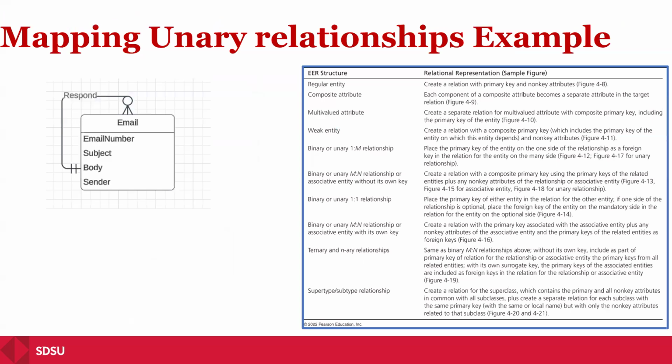All right, so let's try an example here of mapping a unary relationship. As usual, just pause the video and we're going to look at the solution in a few minutes. All right. So here we have unary one-to-many relationships. So we look at unary one-to-many relationships, where we place the primary key of the entity on the one side as a foreign key in the relation on the many side.